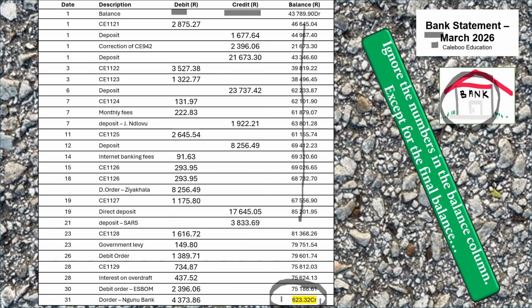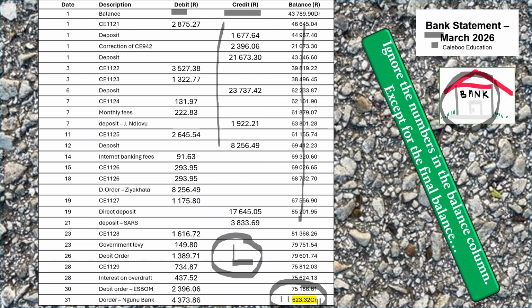And it has CR next to it, which means that our balance at the end of March is now favorable, and Calibre Education to the bank is now a liability, and the bank owes Calibre Education 623 Rand and 32 cents. An increase in liability results in a credit. Those are the accounting rules.